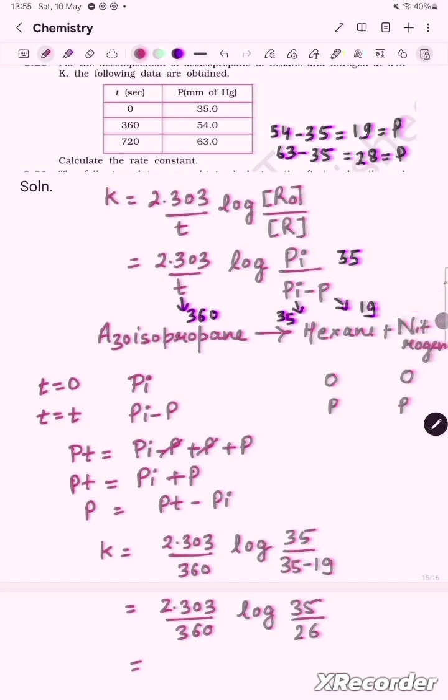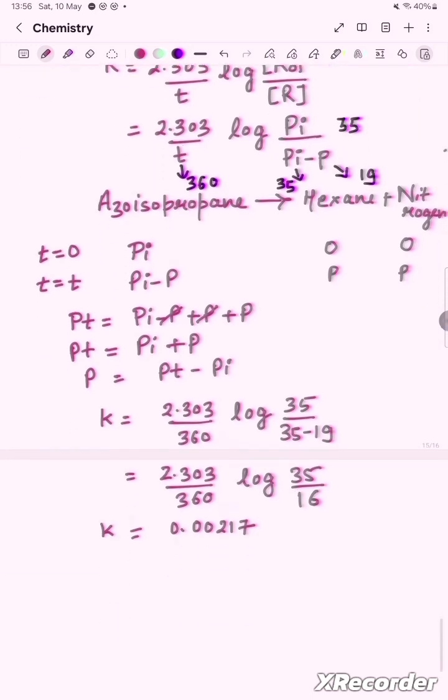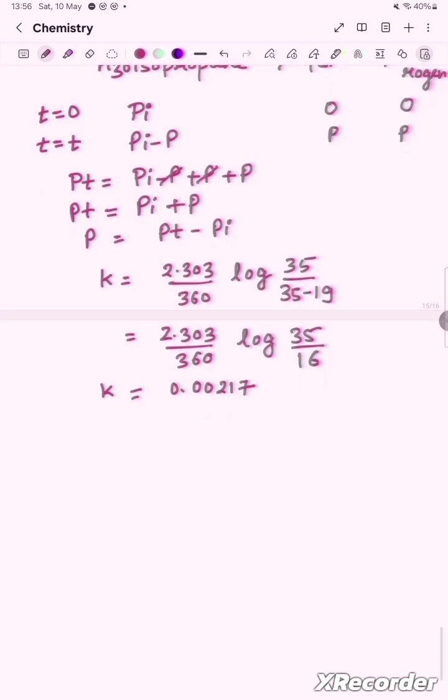Sorry, here it is 16. After calculating, the k value becomes 0.00217, which can also be written as 2.17 multiplied by 10 to the power minus 3 per second.